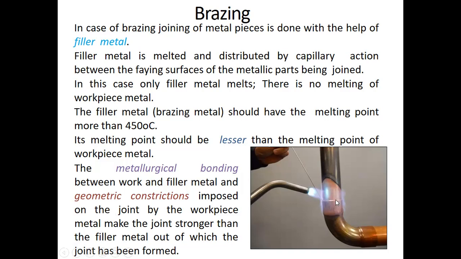When it is failing, there will be some kind of constriction, and that is what makes the joint stronger than the filler metal. So because of these conditions, you are able to have a stronger joint between the filler metal and the base metal, or the work metal if you want to call it.